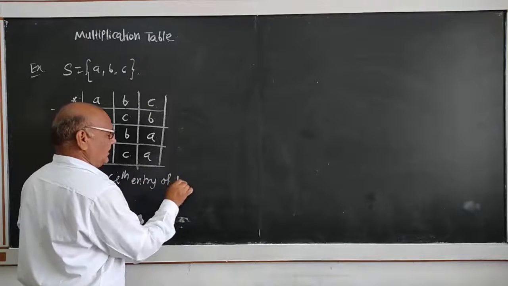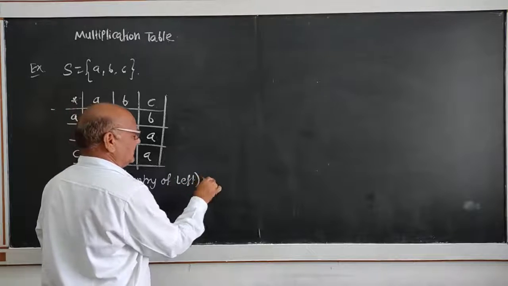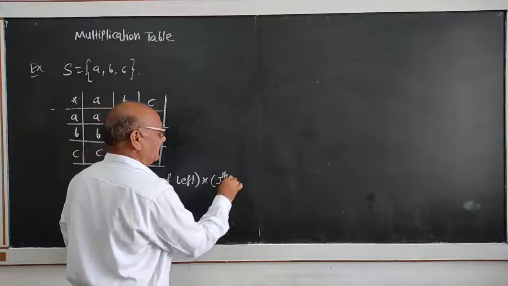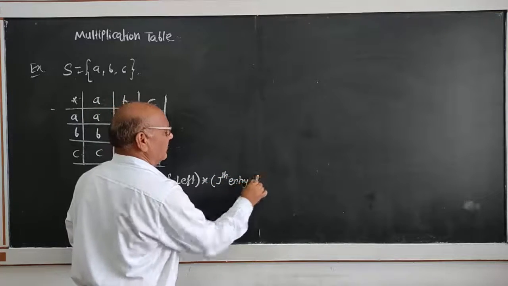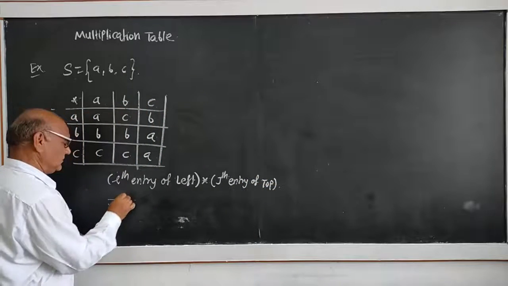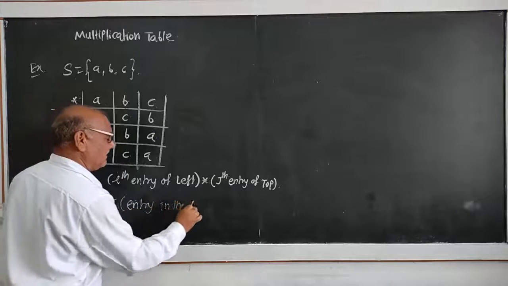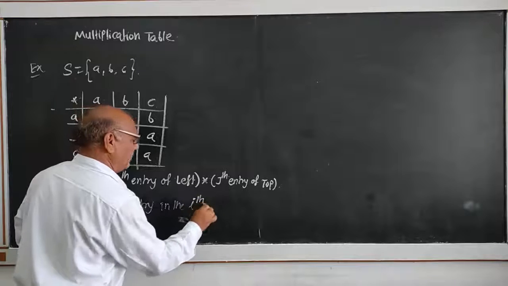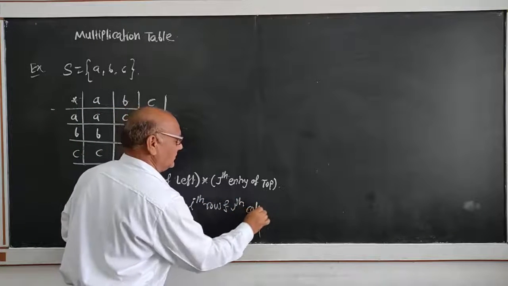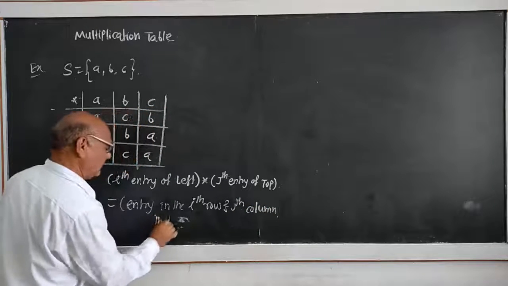Here the ith entry of the left, star, the jth entry of the top, is equal to the entry in the ith row and jth column in the table body.